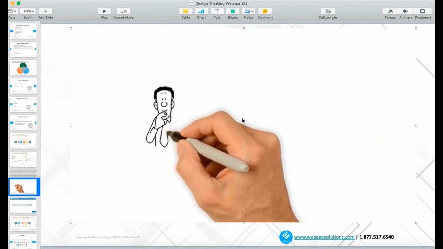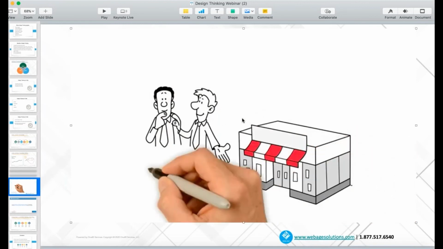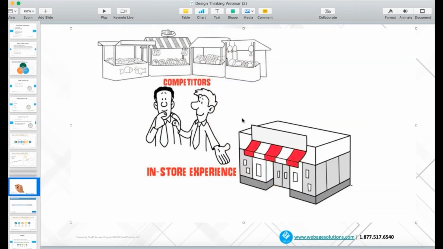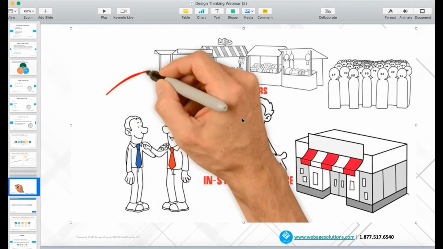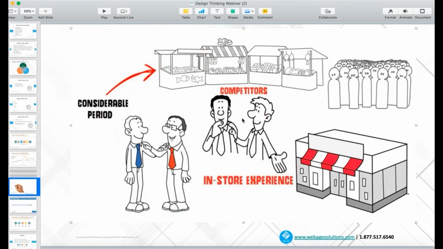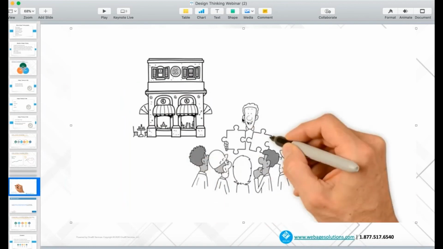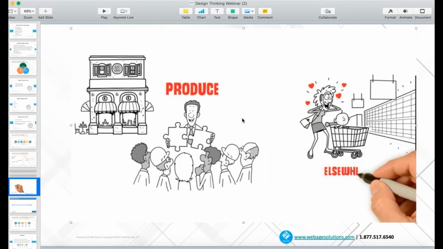For example, an Australian supermarket chain wanted to design a unique, engaging in-store experience to further set them apart from competitors. So we followed their customers around, interviewed them, and watched what was happening in store over a considerable period. Customers wanted to feel more connected with the suppliers of their produce, an in-store experience they couldn't find elsewhere.